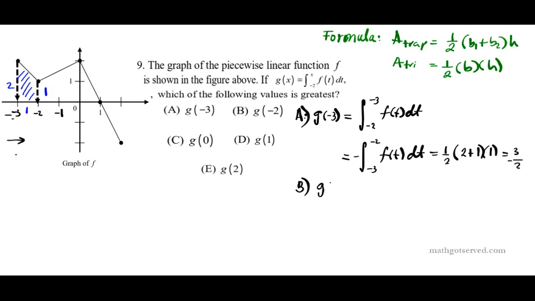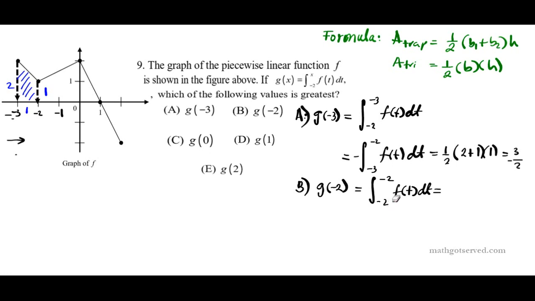G of negative 2. G of negative 2 is equal to the integral from negative 2 to negative 2 of f of t dt. How much area do you cover when you have 0 height? You have 0 area.